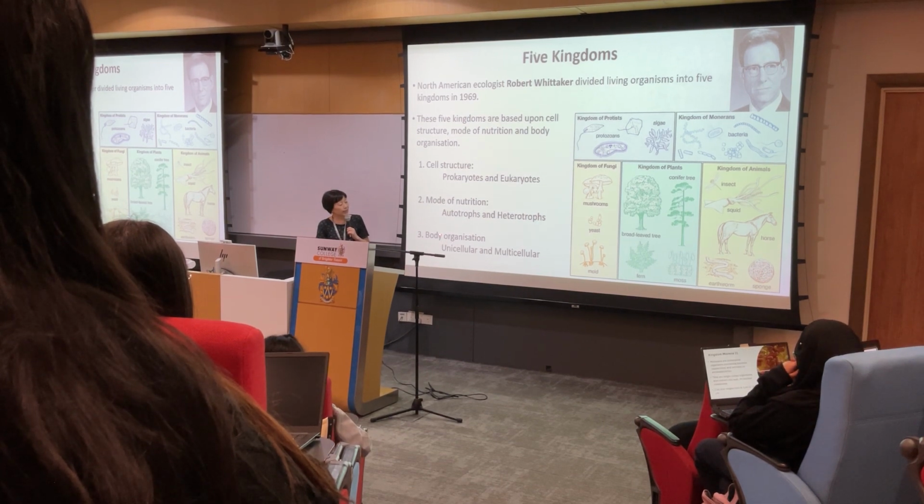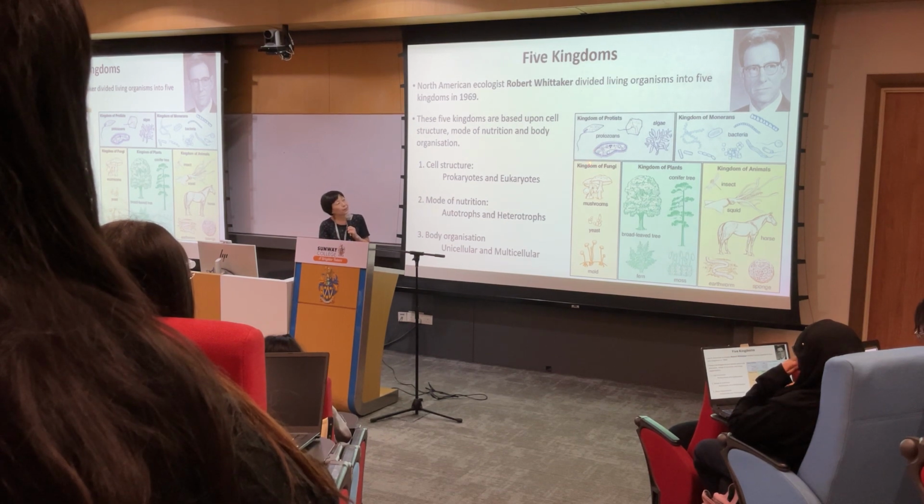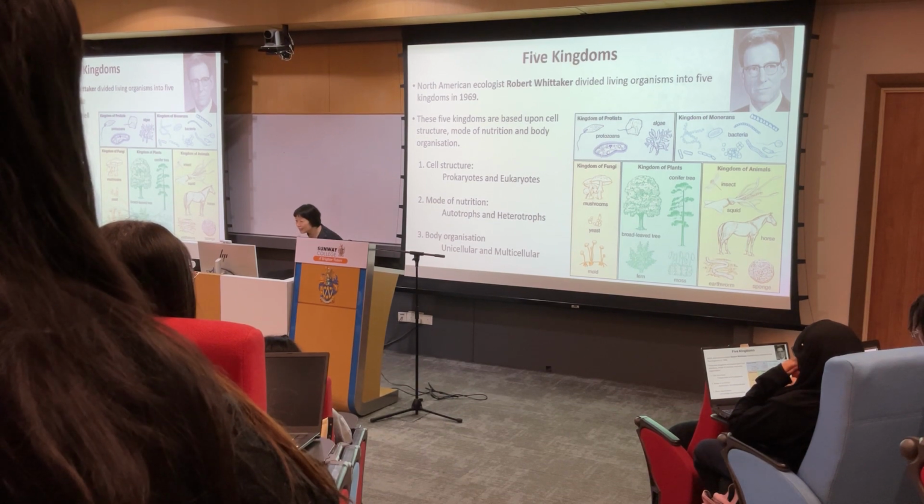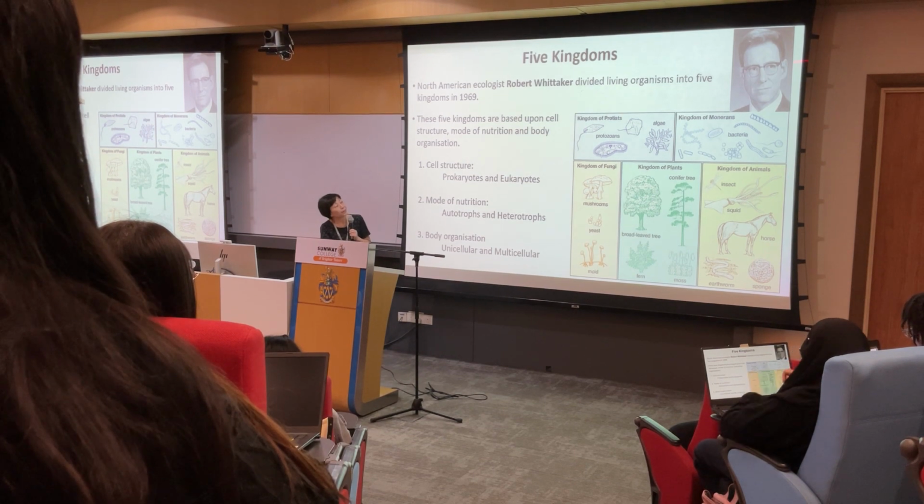Number 3, he defined the classification based on body organization, whether unicellular or multicellular. Okay, very simple. The 5 kingdoms that he defined are Protista, Monera, fungi, plantae, and animalia. So 5 of them.